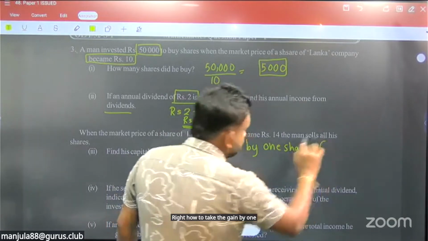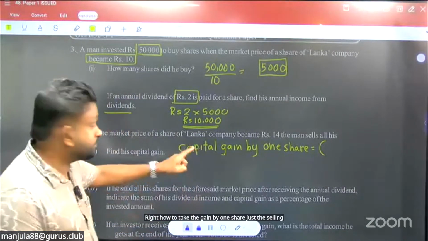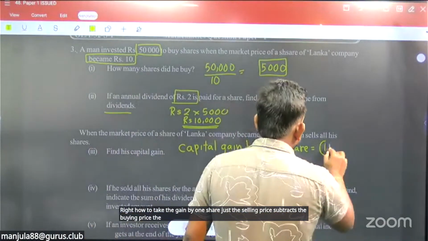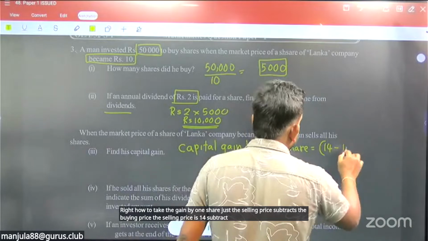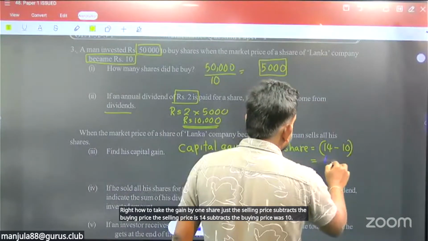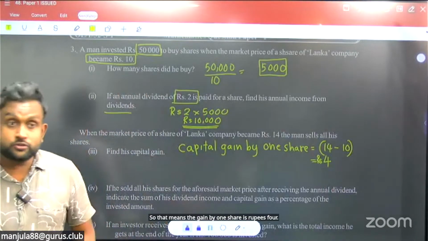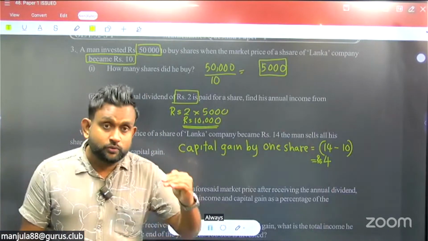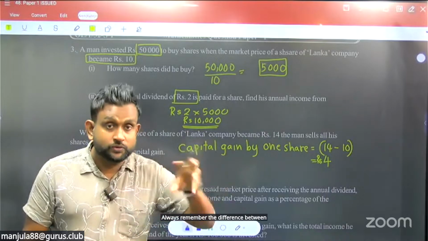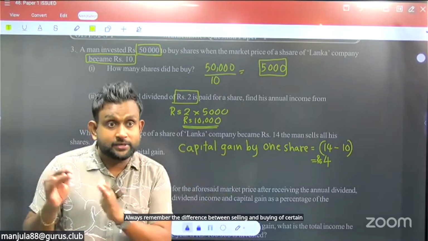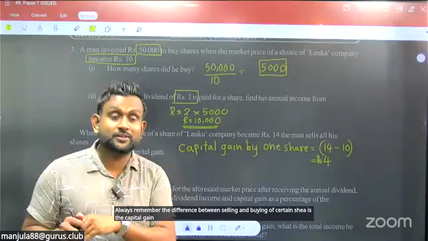Just the selling price minus the buying price: 14 minus 10, so the gain by one share is rupees 4. Always remember, the difference between selling and buying of a share is the capital gain, like our rice owners do.